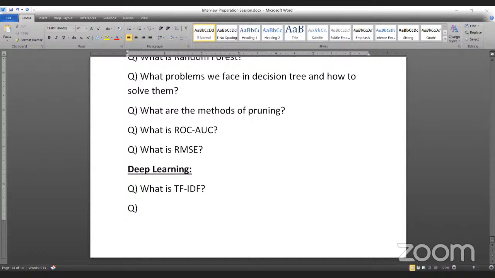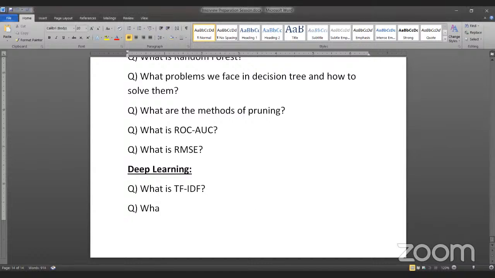Okay, so let us move on to neural networks. So what is a neural network?